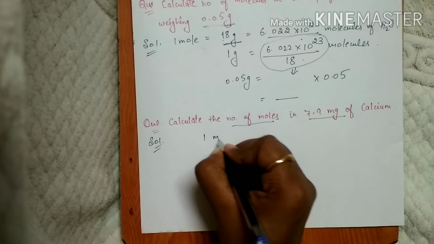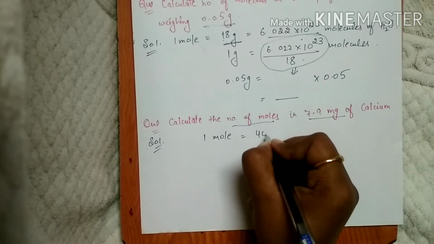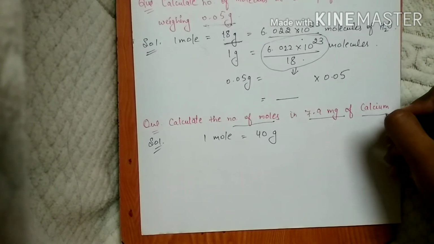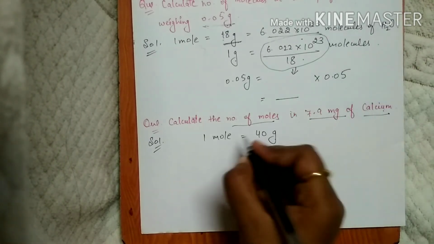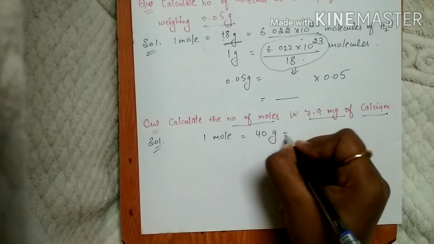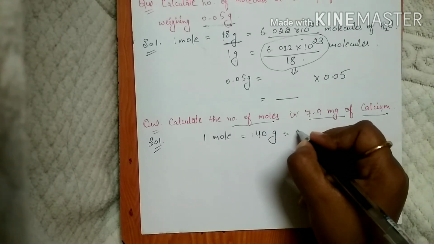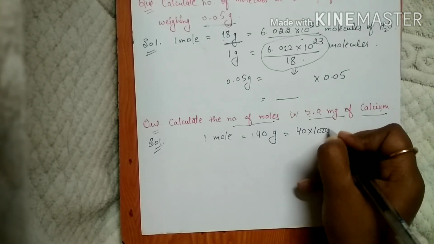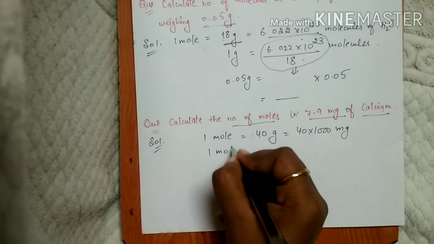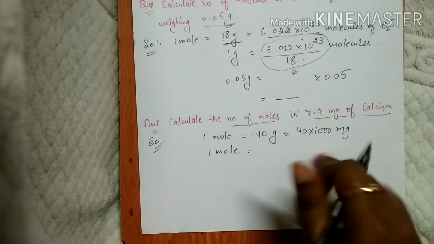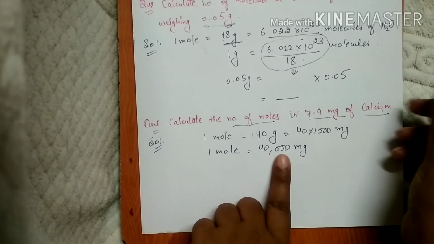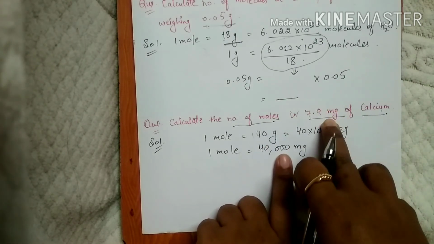So 1 mole is equals to the molecular mass, in this case atomic mass. Atomic mass of calcium is 40 grams. So here in question we have to find for milligrams, so we'll change it into milligrams. 40 gram will be equal to how much milligrams? 40 into 1000 milligrams, so 40,000 milligrams. Okay, so we have got 1 mole is equals to 40 grams, which is further equals to 40,000 milligrams. Why we have converted into milligrams? Because in question the weight is given in milligrams.